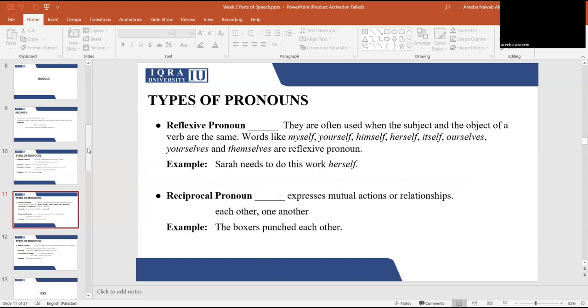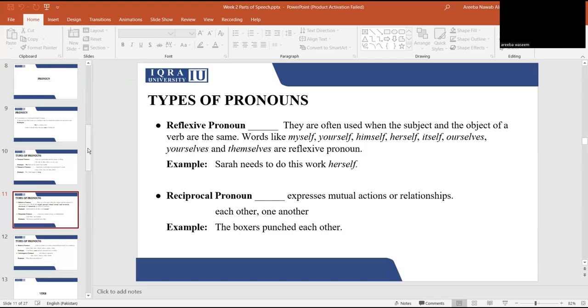We are talking about Sarah needs to do Sarah's work, but we are not using an apostrophe and then again the name of Sarah. We are just saying Sarah needs to do this work herself. We are showing that this work is to be done by Sarah, but instead of writing her name again, we are using a reflexive pronoun. This is the same as if we had to say, I am doing my work myself.